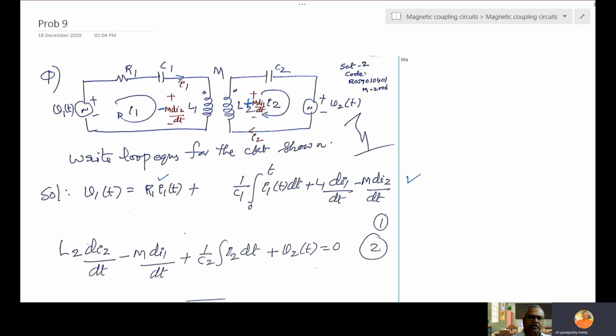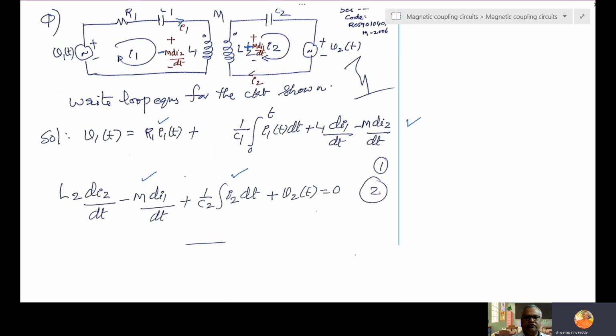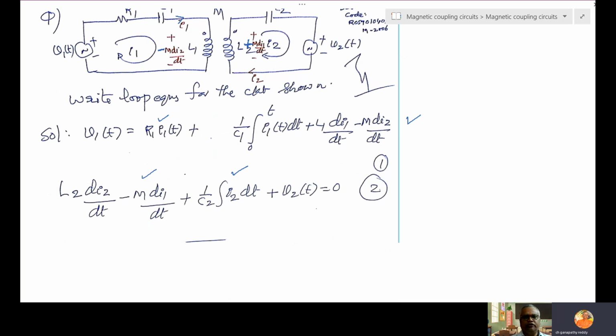Then the other equation: L2 di2 by dt, here going from minus to plus. So minus, but value already plus. So minus M di1 by dt plus 1 by C2 integral I2 dt plus V2 equal to 0. So just asking to write loop equations. To solve, you have to apply Laplace transform.